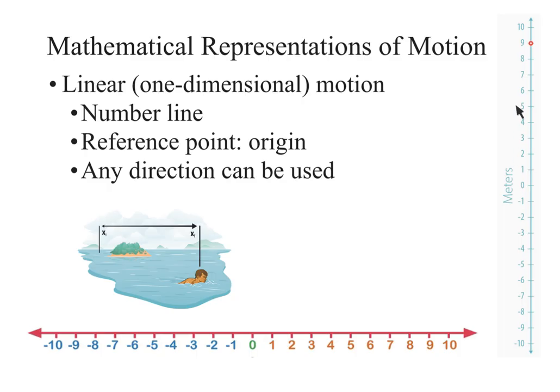But when you are measuring something vertically, then your reference point again can be where you're starting from. And that may depend on whether you're on the top of a cliff or the bottom of a valley. Again, your reference point's very important to that. But for vertical motion, up is positive and down is typically negative.